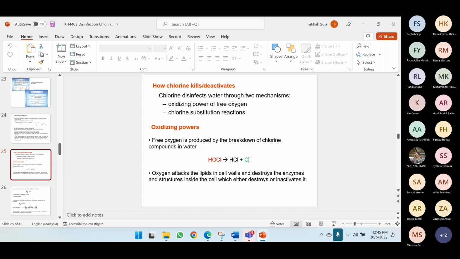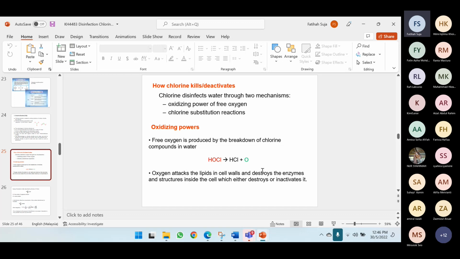It's the oxygen here, the oxidizing power of the free oxygen, that will attack the lipids in the cell wall of the pathogens or viruses that you have in water. So the chlorine will play its role to disinfect your treated water based on the oxidizing power of the free oxygen, and also the chlorine substitution reaction.